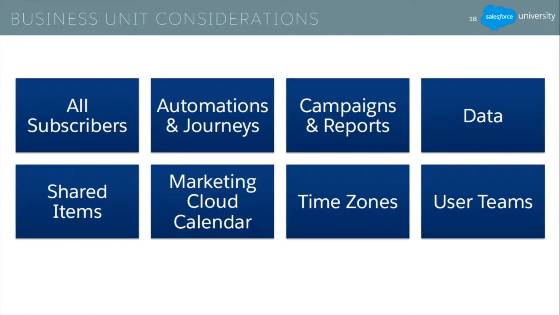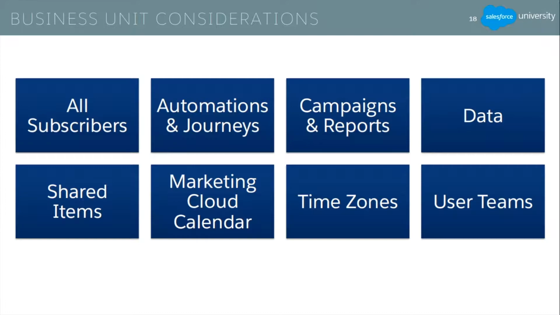We can still see the business units across the cloud calendar. I know we talked about that in a previous session. But the other thing is time zones. If we are in any of our individual channels, when we schedule a send from the email application or from Mobile Connect or Mobile Push, and we're sending directly within those channels, the send time is based on the business unit time.